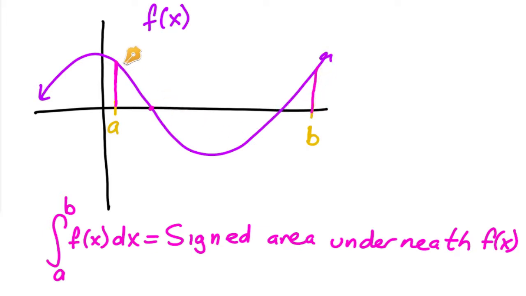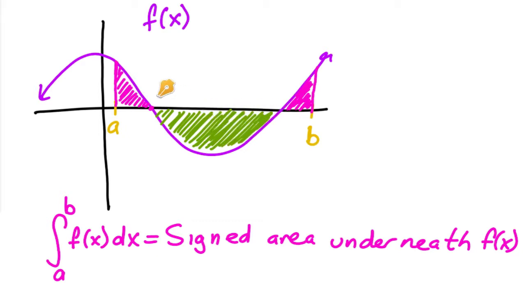Now, area above the x-axis is going to be different from the area underneath the x-axis. Can you tell why? I'll let you think about it while I finish coloring in this area here.